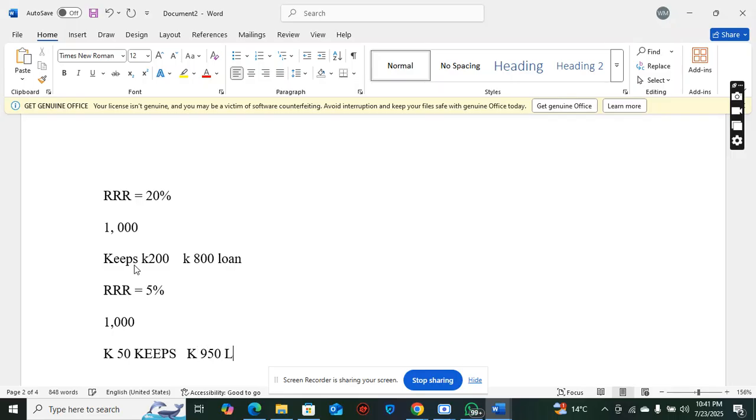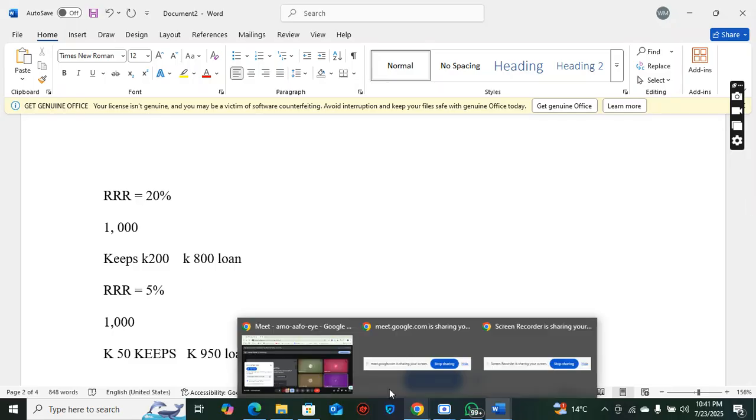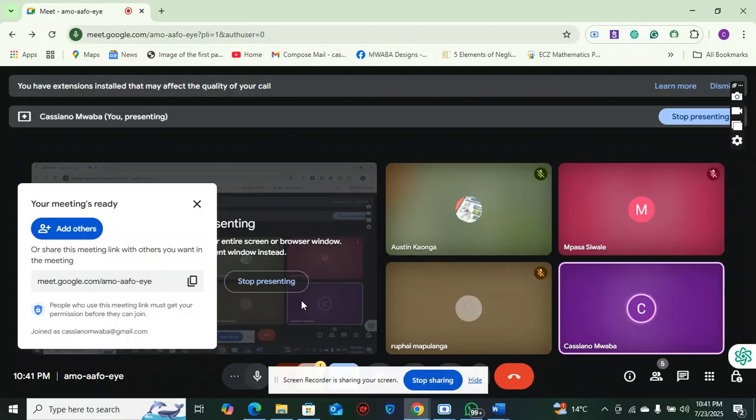So this helps commercial banks loan out more money, because with this expansionary monetary policy, you want money to come into circulation so that the economy can get back on its feet. Any questions before we look at contraction?